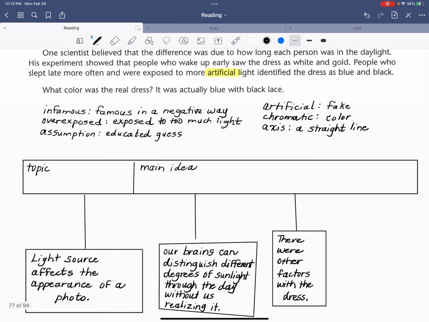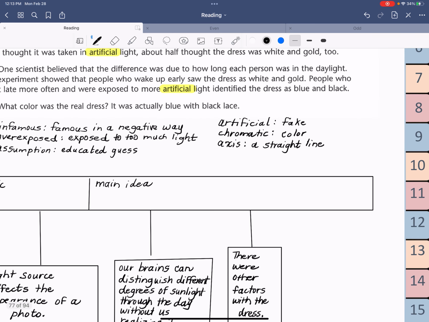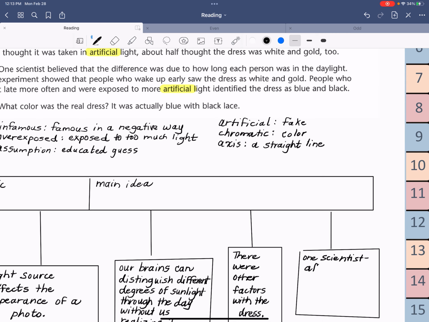And then our last paragraph, one scientist believed that it depended on how long you were in daylight. So you could say that one scientist said that the dress perception was affected by the viewer, meaning the person looking at the dress.